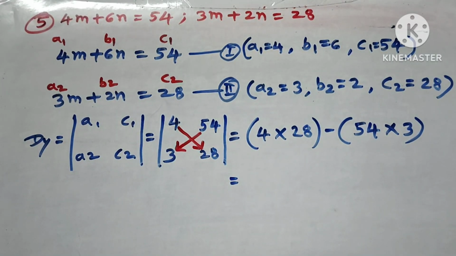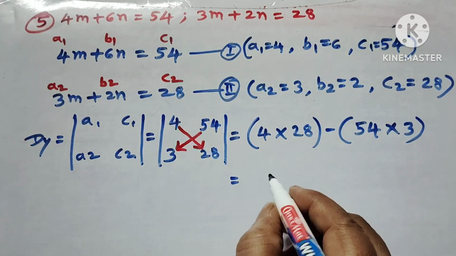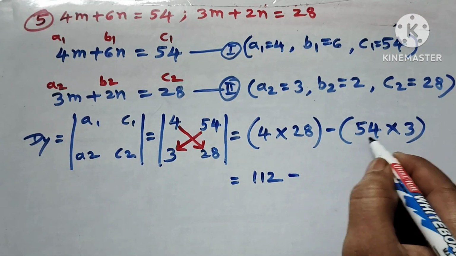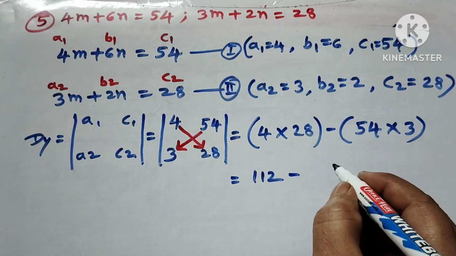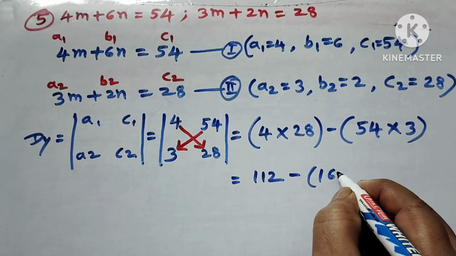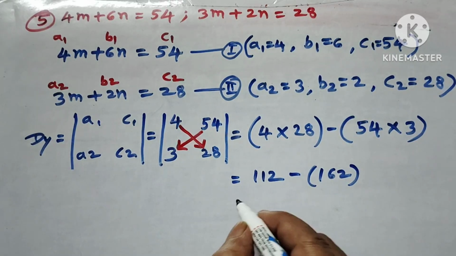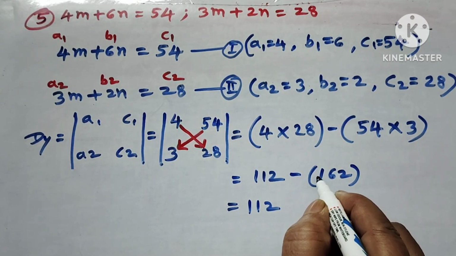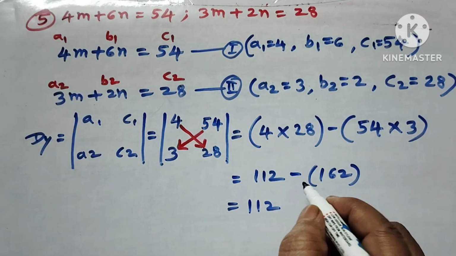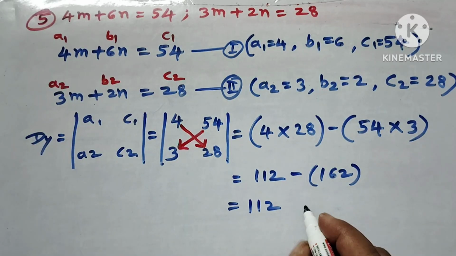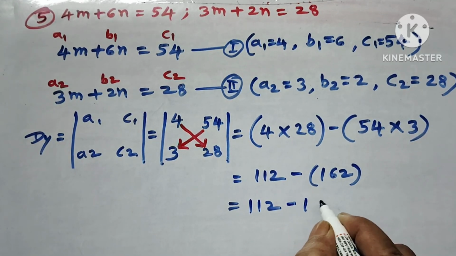Multiplication. 112 minus 162 is equal to 112. Here plus sign, then change the sign because of the negative sign outside the bracket, therefore minus 162.